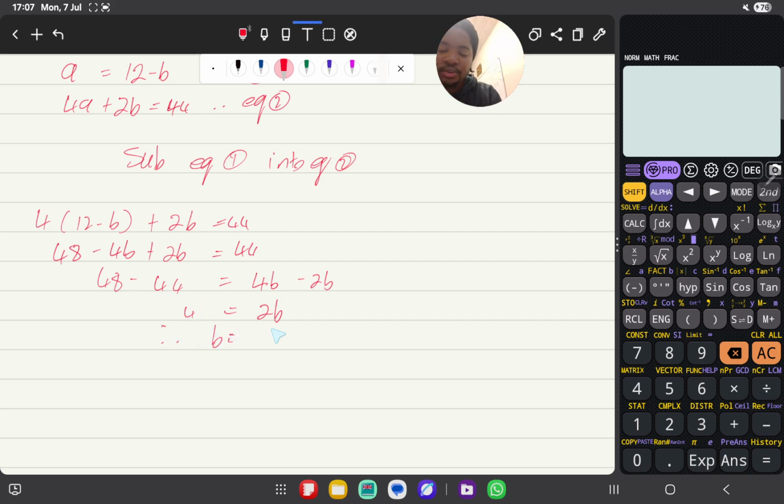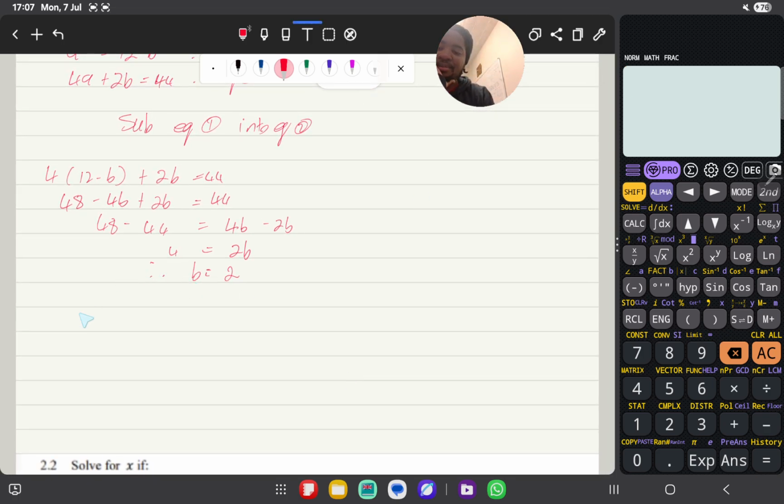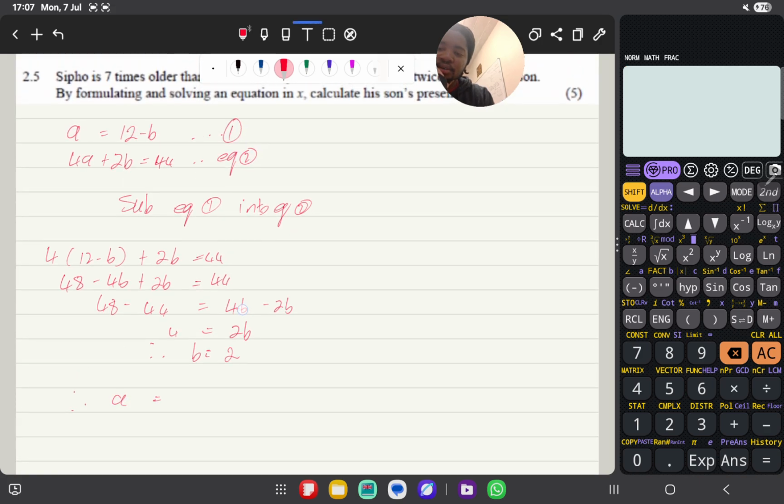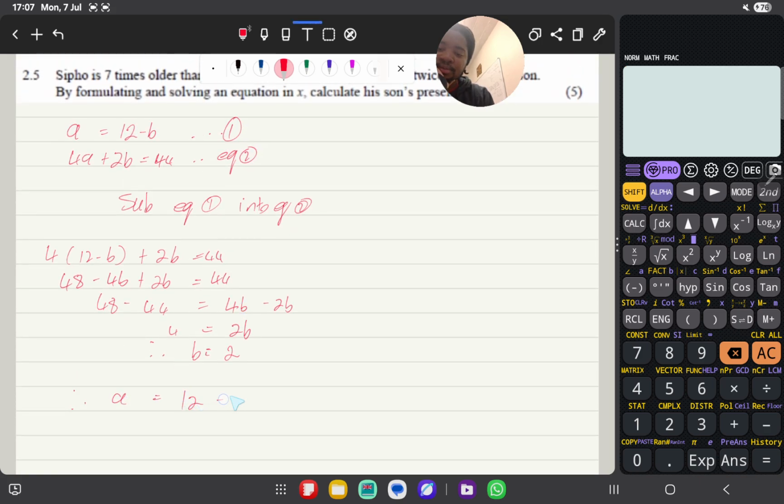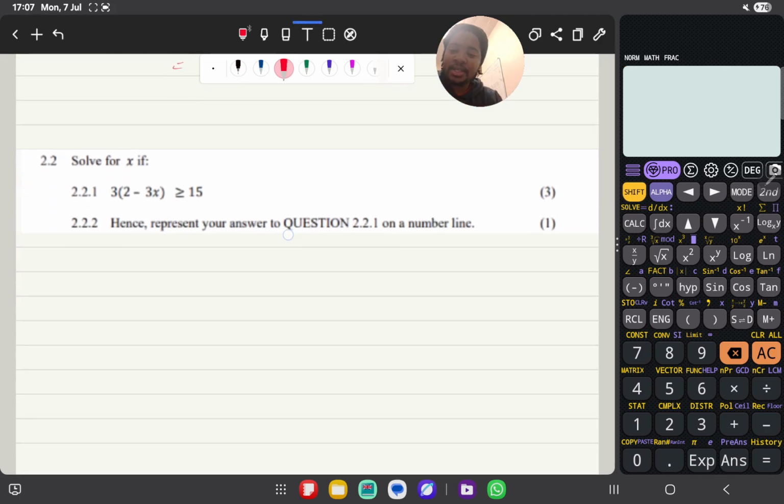Therefore, b equals 2. After getting b, a equals 12 minus b, which is 12 minus 2, which is 10. That was fast.